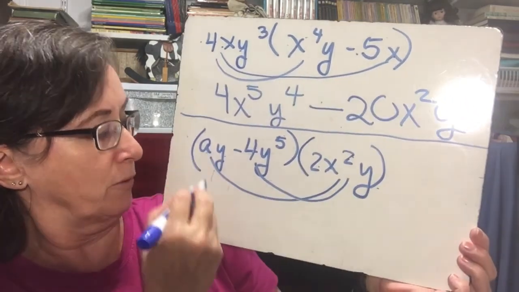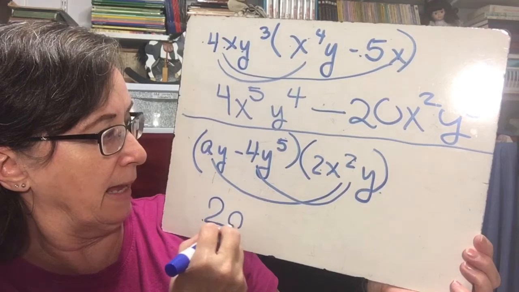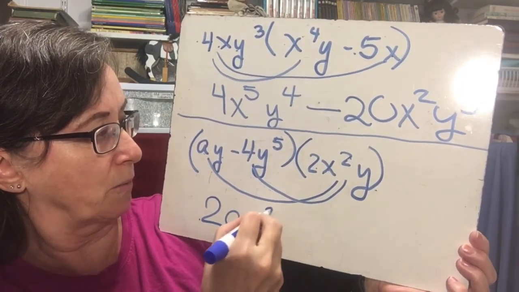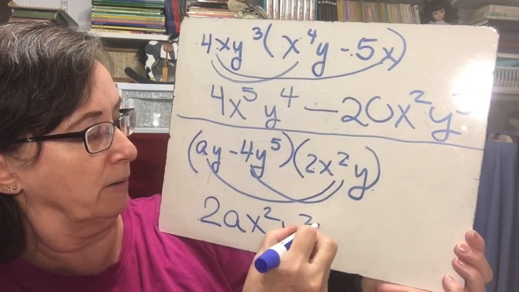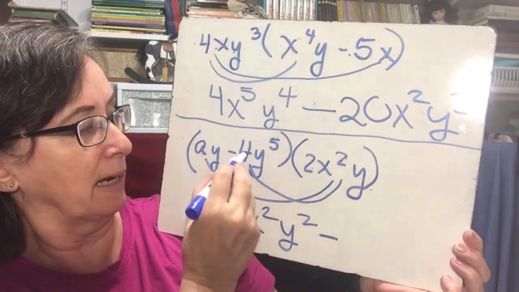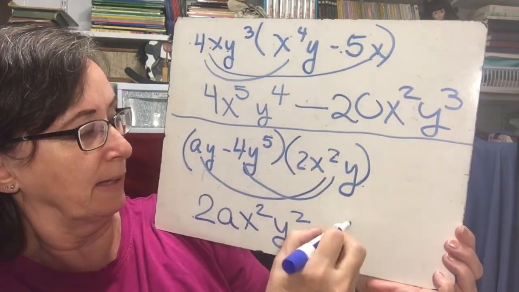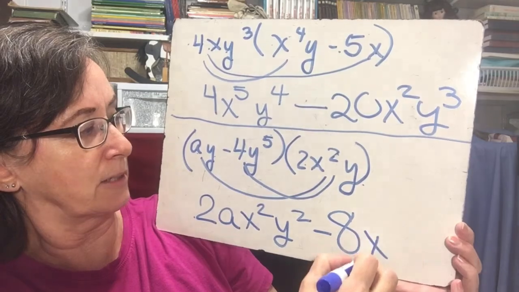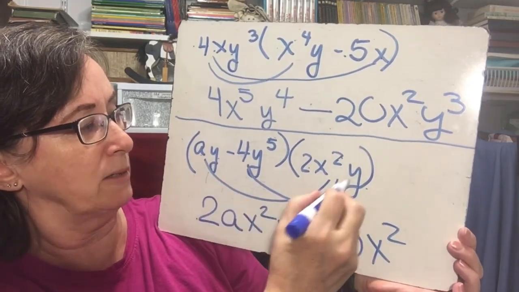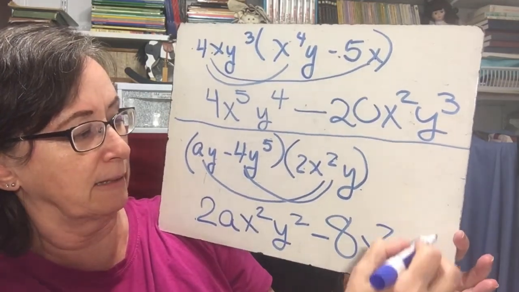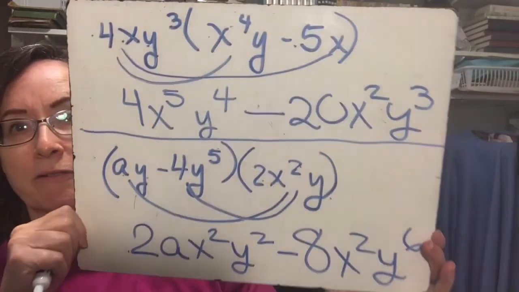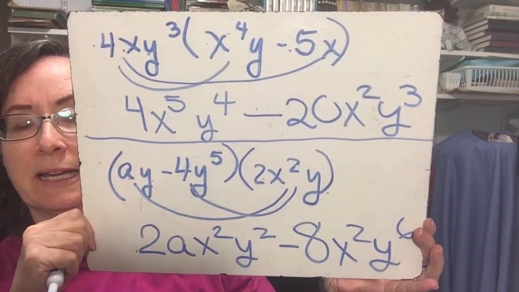So we end up with 2a x squared y squared minus, now we're ready to do this one, 8 x squared y to the 6th. And those are our first 3 examples.